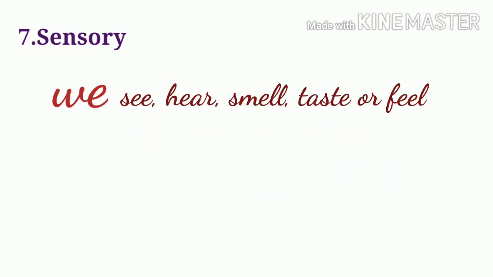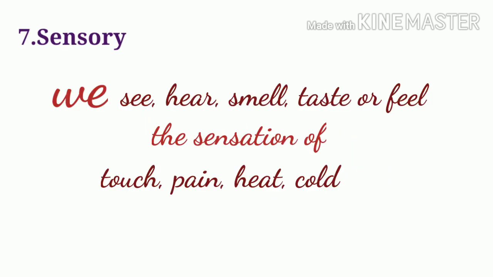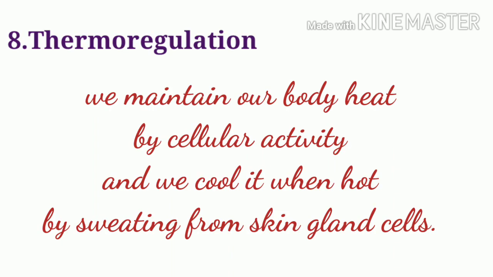We see, hear, smell, taste or feel the sensation of touch, pain, heat, cold, etc. through our sensory cells. We maintain our body heat by cellular activity and we cool it when hot by sweating from skin gland cells.